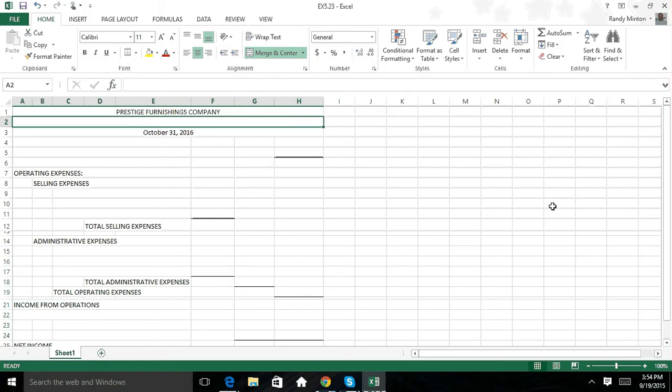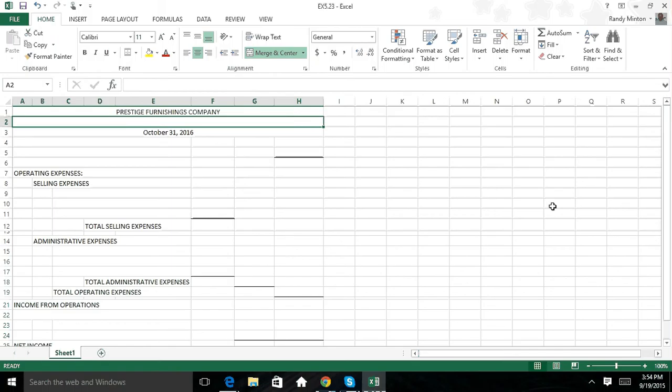At the beginning of all published financial statements, we have three rows that start every single one. The first is the name of the company. The second is the name of the statement being presented, and the last is the date or the period of time that the statement covers.